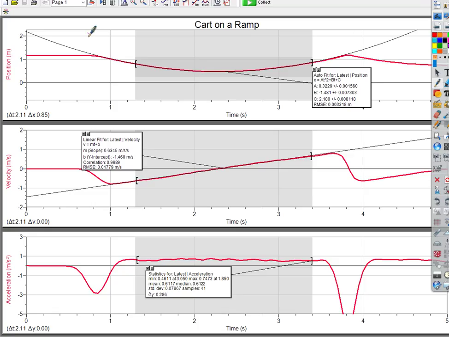I've got position, this is a position graph, right? I've got position as a function of time. I'm going to write it that way. Position equals initial position, which is a constant, plus v naught t, initial velocity, a constant, plus 1/2 a t squared.